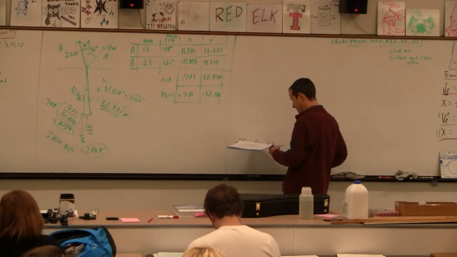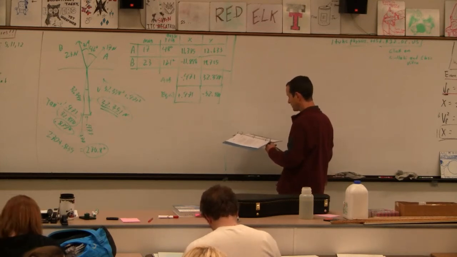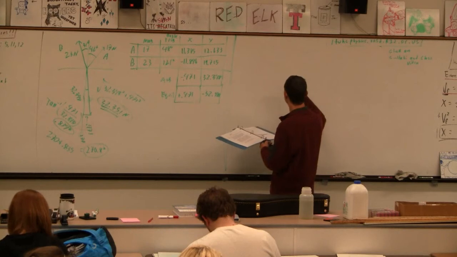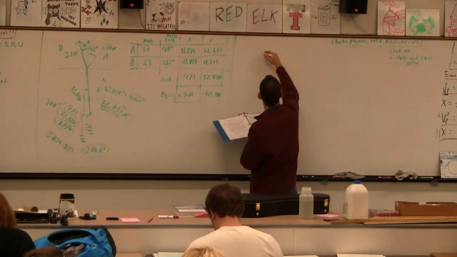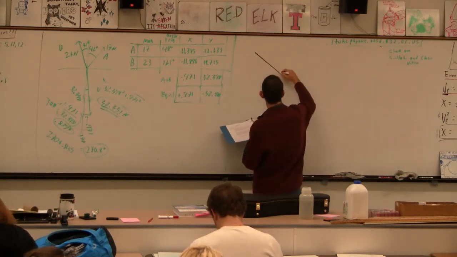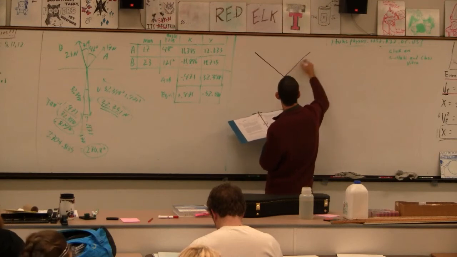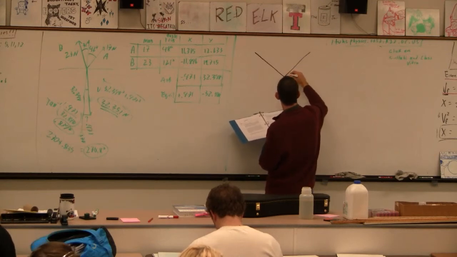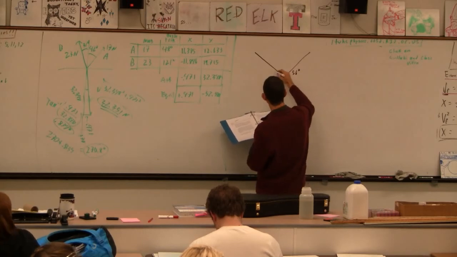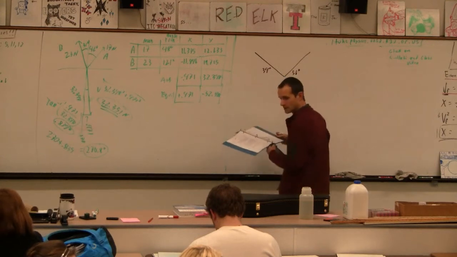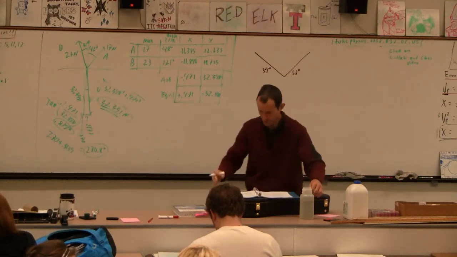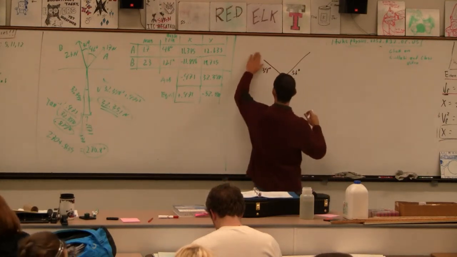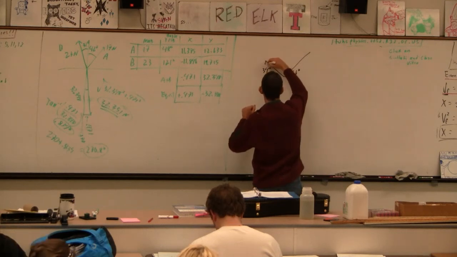Okay, let's do the second part here. Find the tension C and D. So this angle here is 56 degrees. This one here is 34 degrees. And I'm pretty sure this is going to be less of a force.